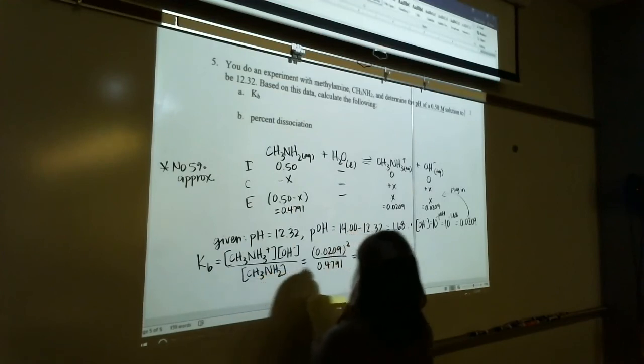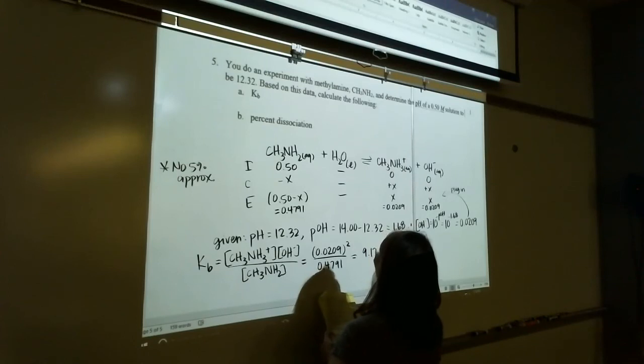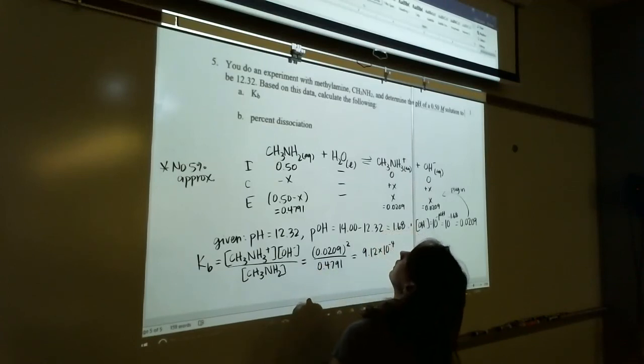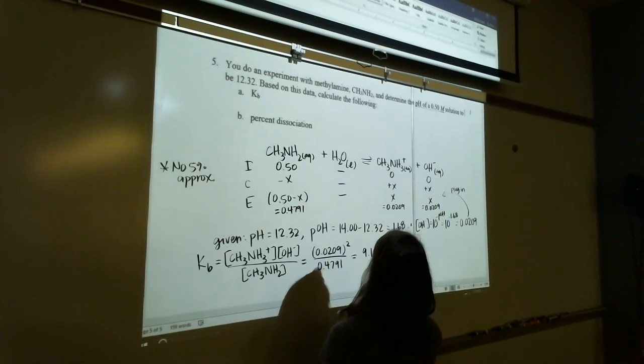So I got 9.12 times 10 to the negative fourth. Let's see, how many sig figs would that be when I round it? That'd be 2. So that's just 9.1 times 10 to the negative fourth.